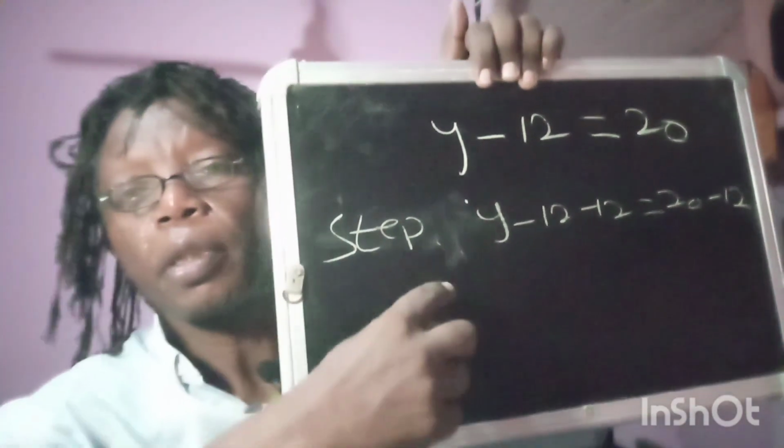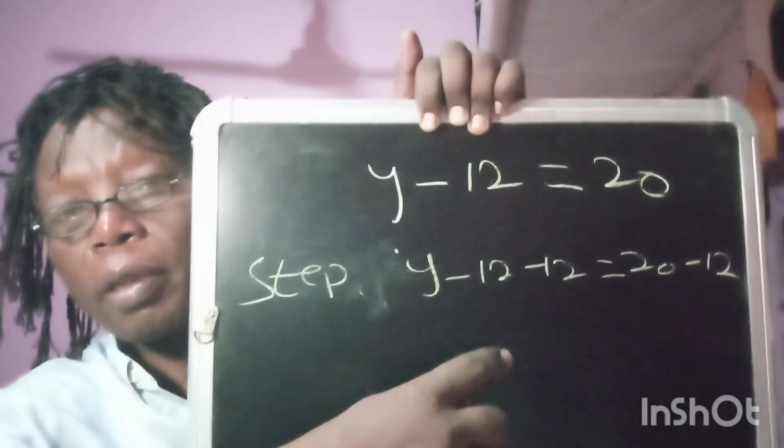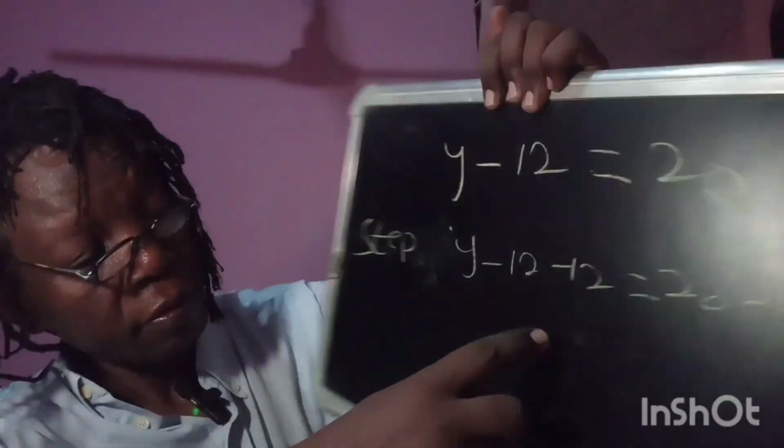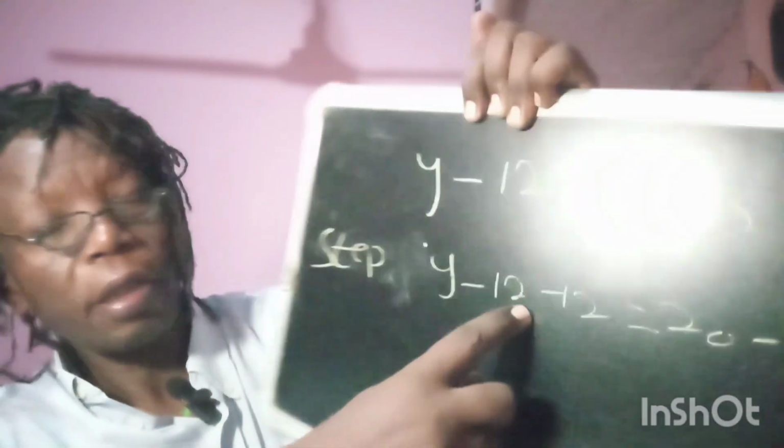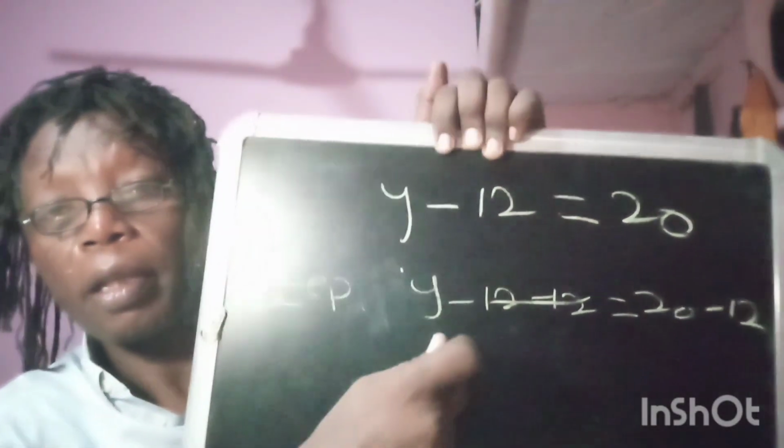y minus 12 minus 12 is equal to 20 minus 12. You want to find the value of y, so you do exactly what we did there. These are going to cancel because you are subtracting, leaving you with only y.